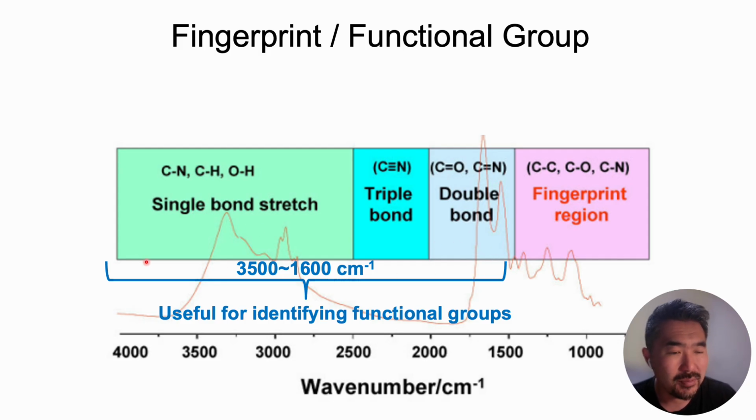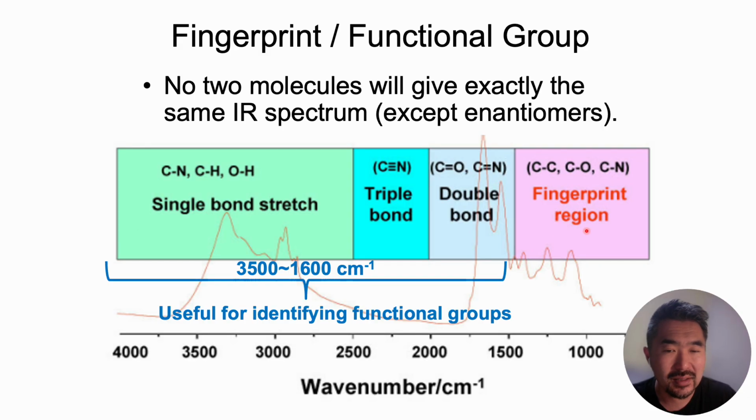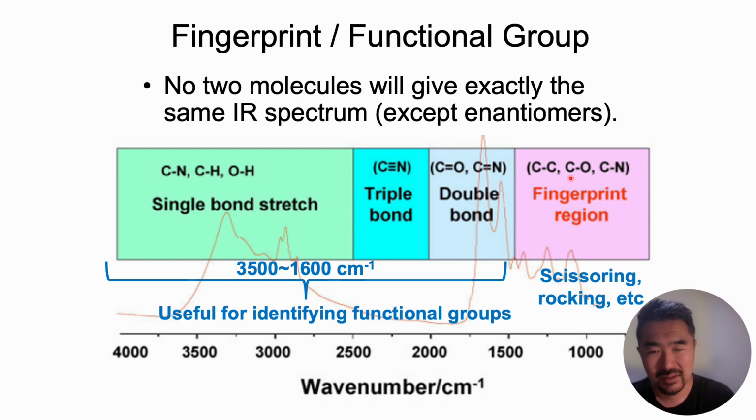These are the wave numbers or frequencies that are really useful for identifying functional groups, whereas these lower wave numbers or frequencies, we would often call the fingerprint region, because they're unique to the very unique motions, or you could almost say dance moves, that molecules have, like those scissoring and rocking types of movement, right?